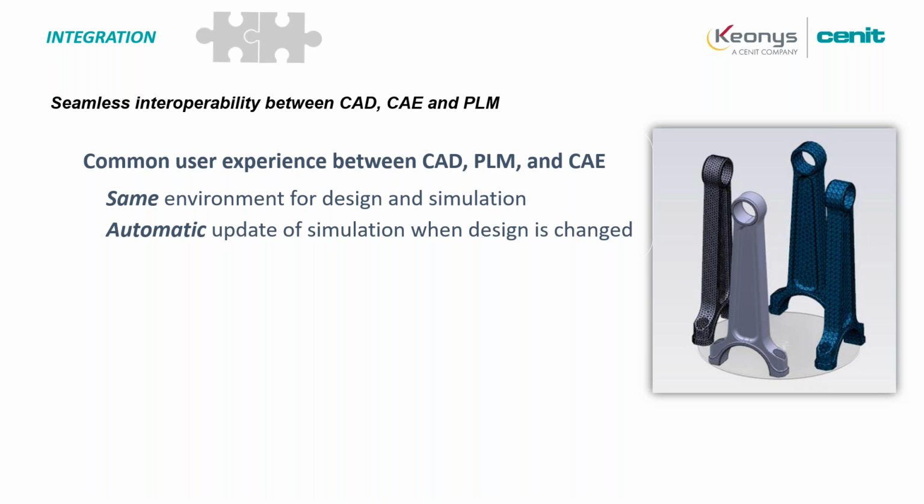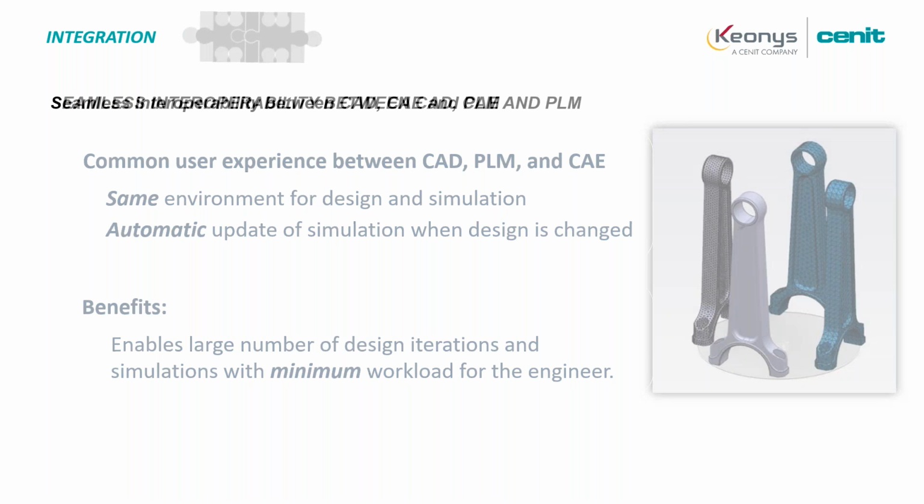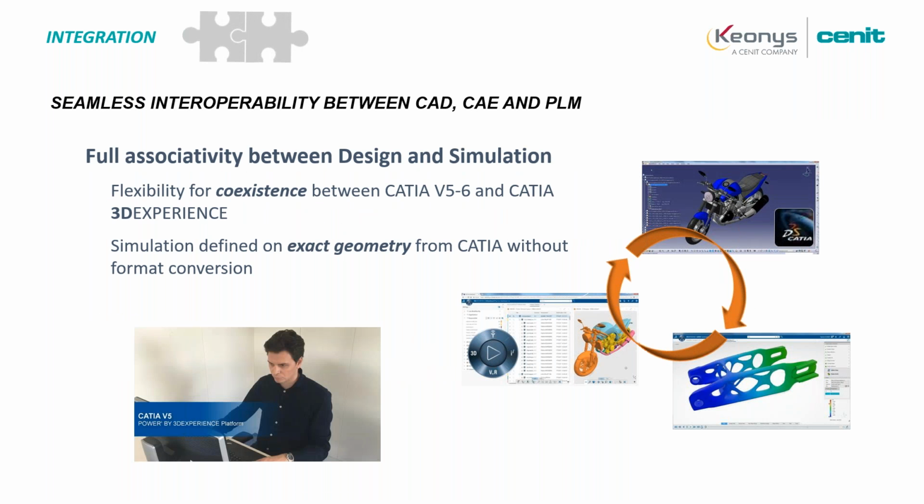So it can help you to save a lot of iterations and a lot of time for this iteration between, for example, the designer and the stress engineer, because once you change the design, the simulation will automatically change. So we will see this in the video.